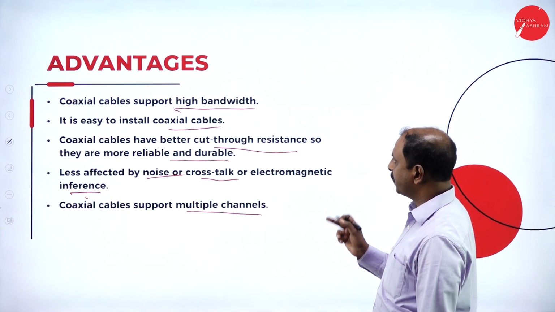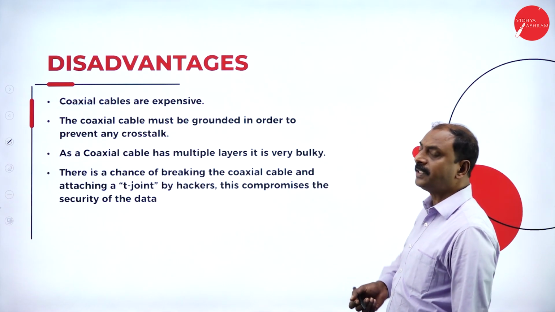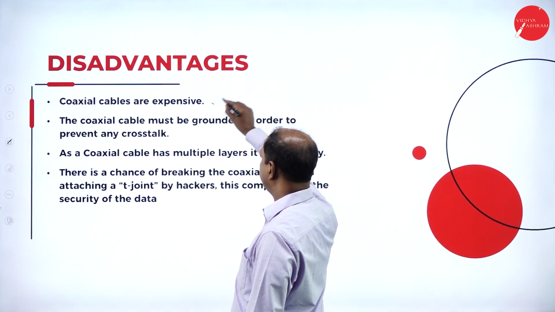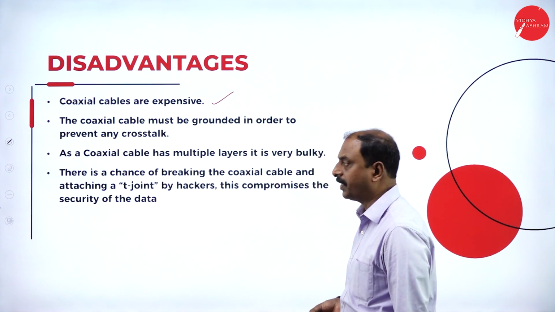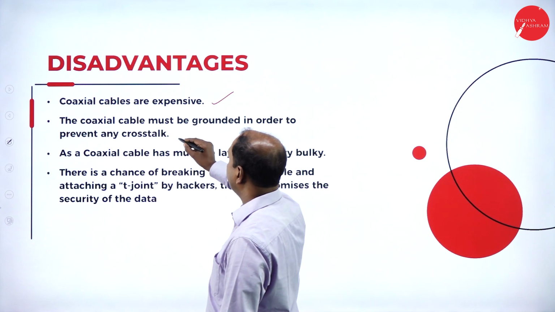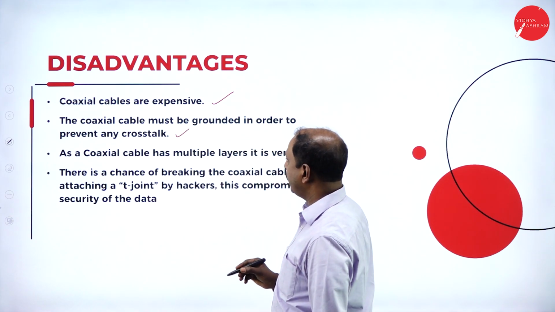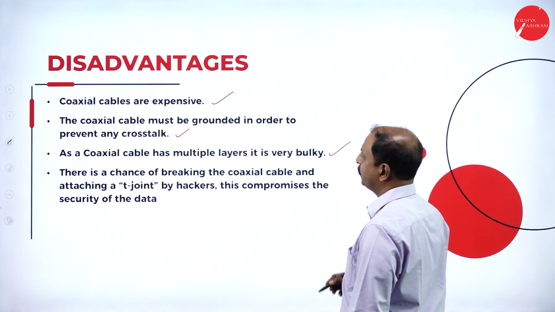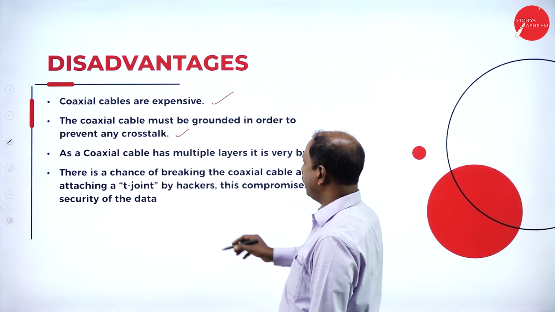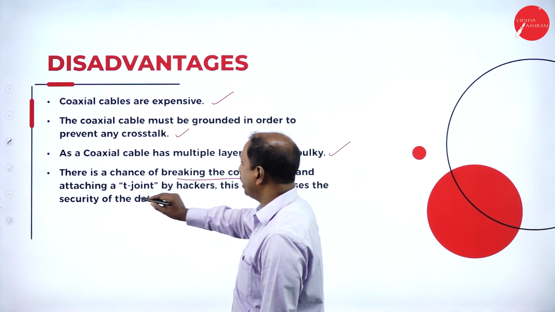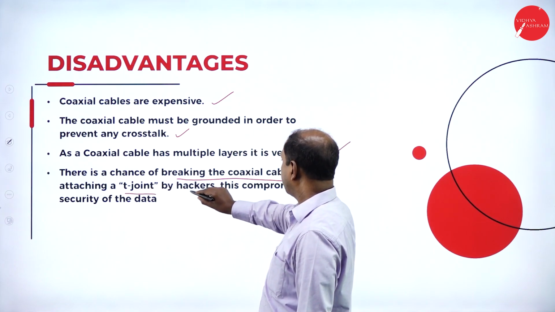So these are the advantages, and what is the drawback of this? What is the disadvantage? They are quite expensive compared to other types of cables, and it must be grounded in order to prevent any crosstalk, and it has multiple layers. It is very bulky, so it is very heavy, and there is a chance of breaking the coaxial cable and attacking the T-joint by hackers.